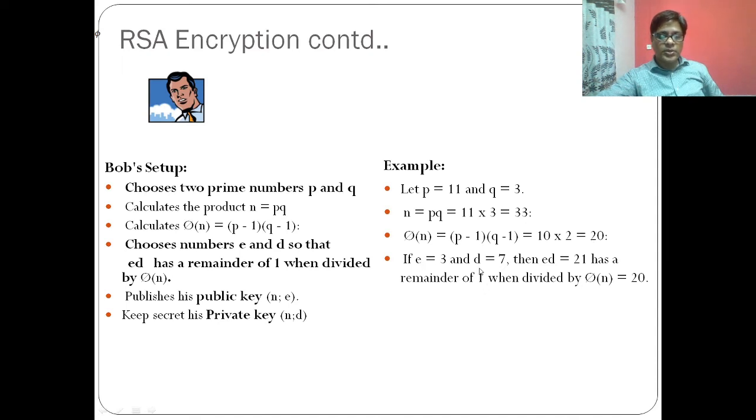So this is a valid choice of E and D. Having done this, he'll publish the public key as 33, 3. He'll keep the secret private key as 33 and 7. So it is N, E and N, D. So there is an error here. It's N, D.